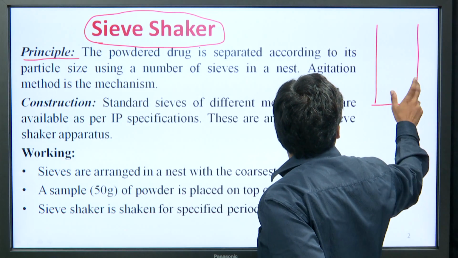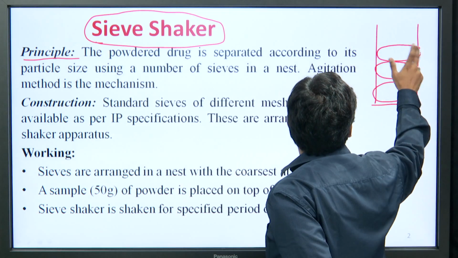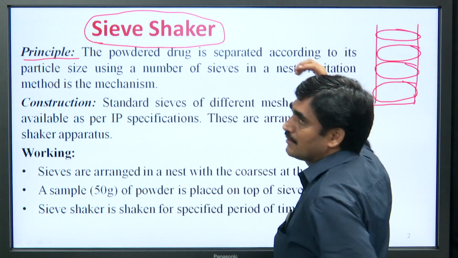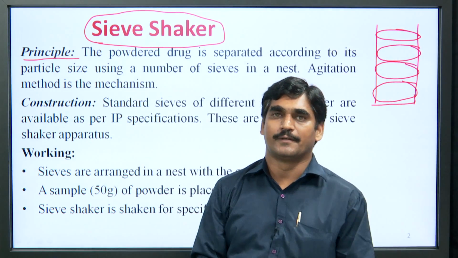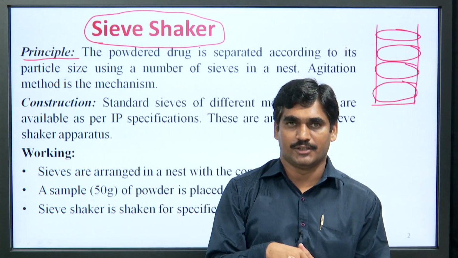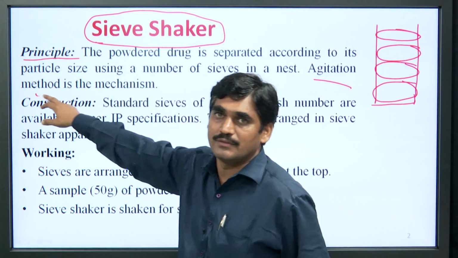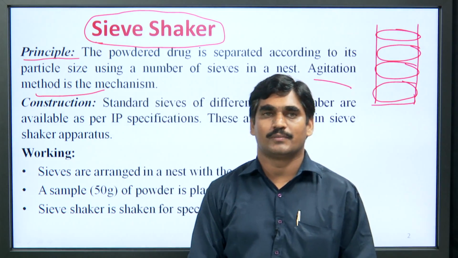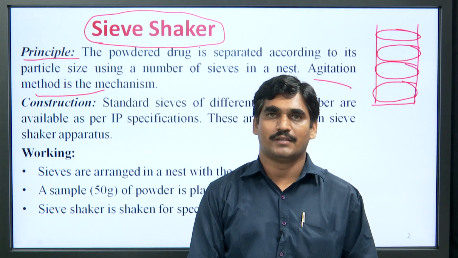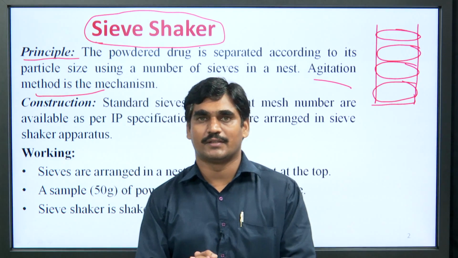Here the different sieves are arranged in this manner, that is called sieves in a nest. Mainly agitation is used as the possible mechanism of size separation in this sieve shaker instrument.